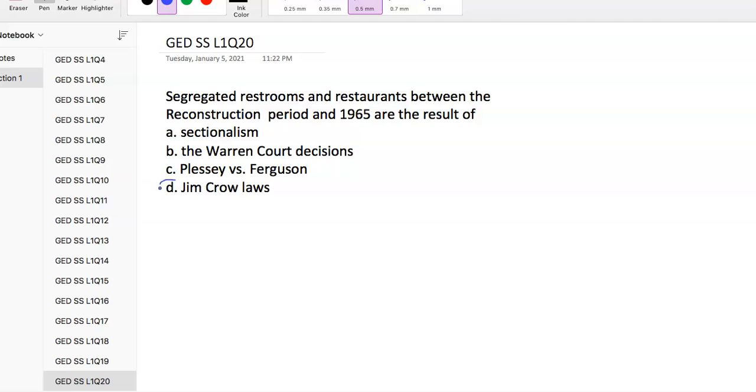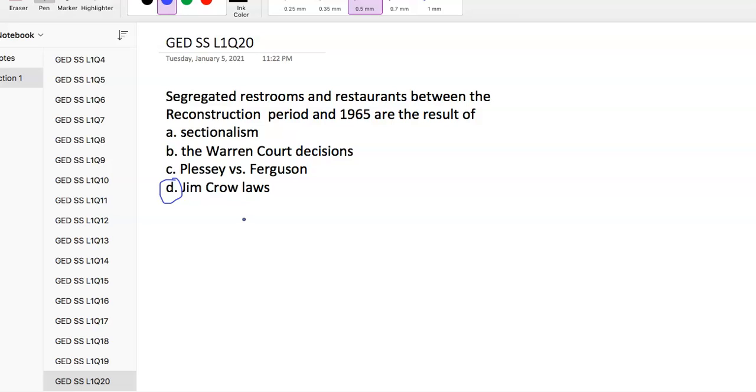So rather than memorizing this specific question and the answer, we want to be really more familiar with what the Jim Crow laws are. They were state and local laws that enforced racial segregation in the southern U.S. These laws continued to be enforced until about 1965. Segregation of public schools is a classic example of Jim Crow laws.